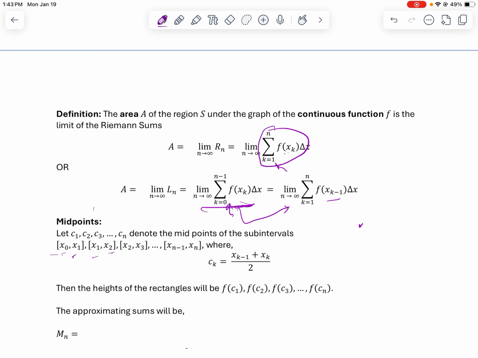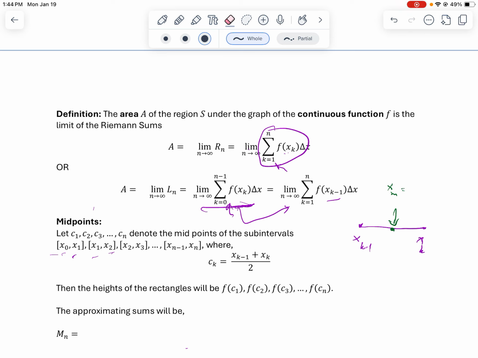Now if this is x sub k minus 1, and this is the point x sub k, then the midpoint is going to be something here. In order to find this, I will not call it x.